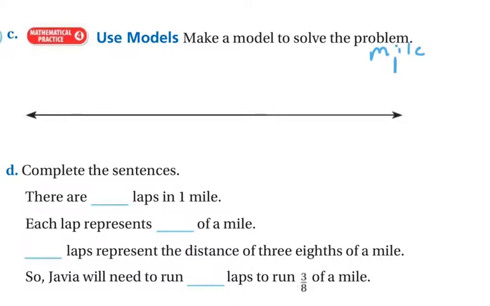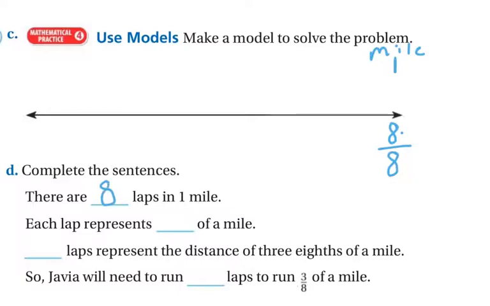And you need a total of 8 laps in order to make that mile. So you would need to run 8 out of 8 laps to equal 1 whole mile. That means what? How many sections are we going to need to make on this number line? And what are we going to divide it by?